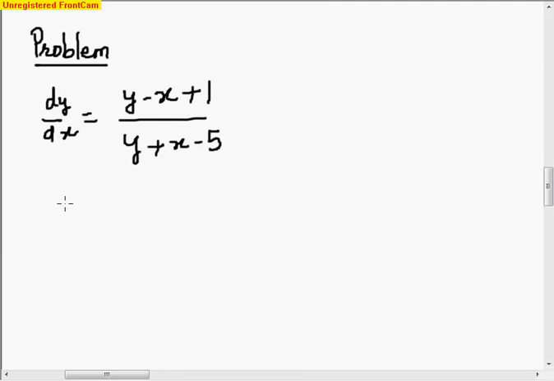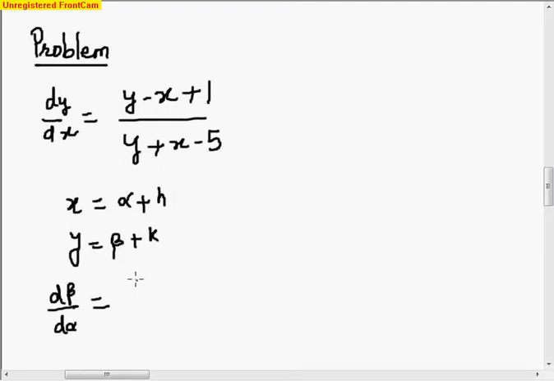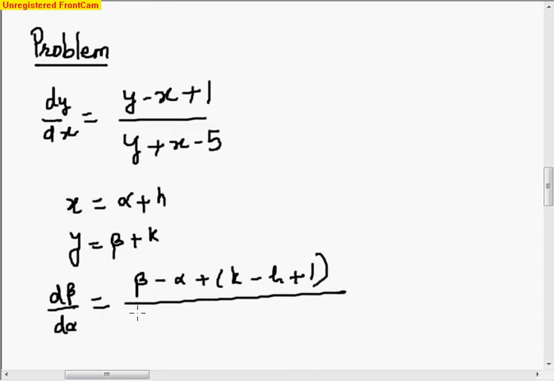I'll put x is equal to alpha plus h and y is equal to beta plus k. So what I will get, my dy by dx is d beta by d alpha is equal to (beta minus alpha plus k minus h plus 1) upon (beta plus alpha plus k plus h minus 5), right?